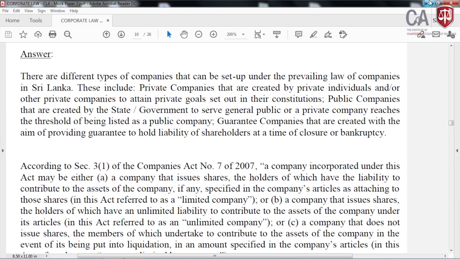So such a company that comes to a certain level of its turnover is no more called a private company, but is considered and converted into a public company for the public good. One such example is Odel, for example.